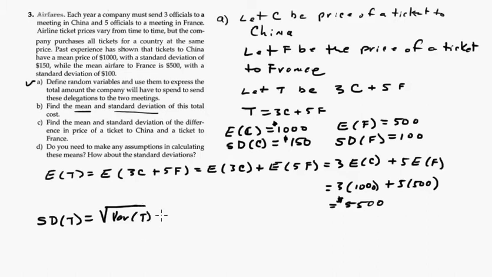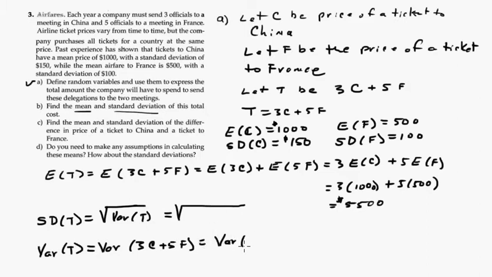So first let's find the variance. So the variance of T is the variance of 3C plus 5F. Okay, now we add variances, so the variance of 3C plus the variance of 5F. Now here's where we want to stop and think.